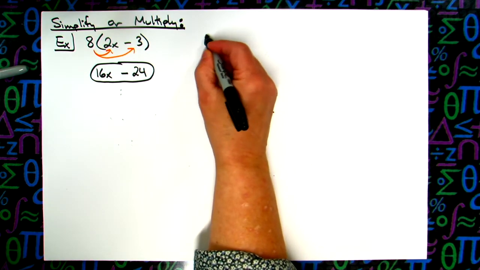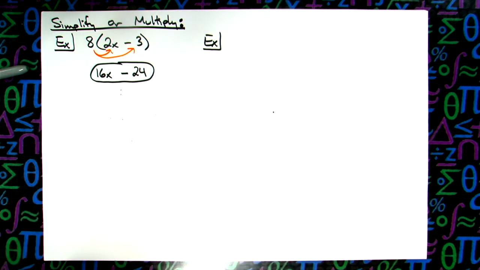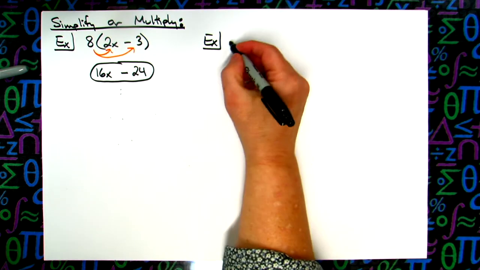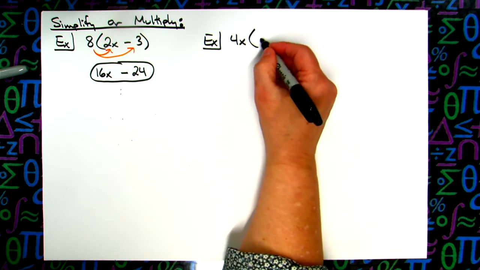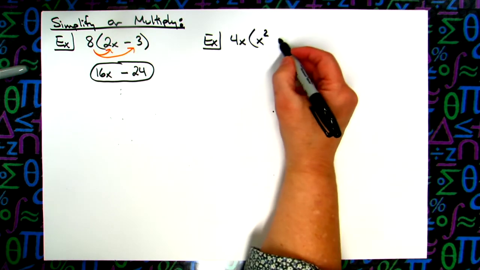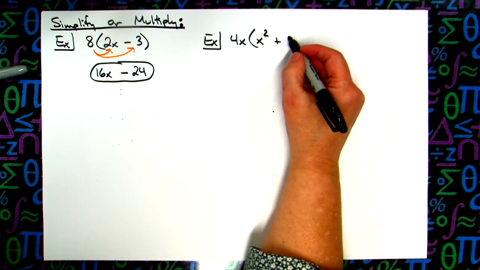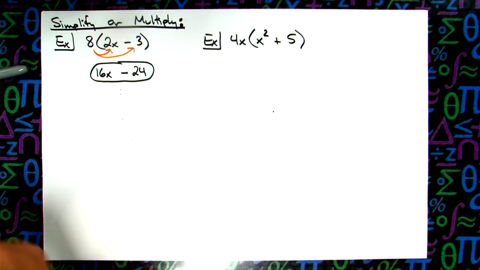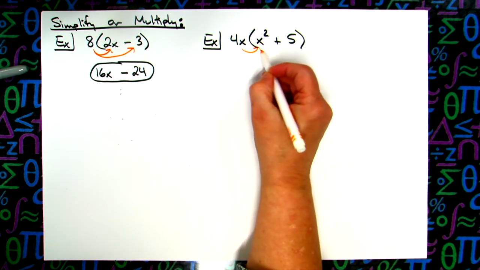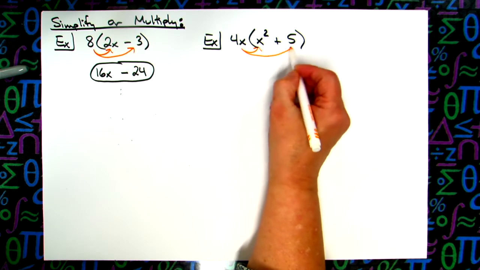Okay, now, since we have just gone through the chapter where we learned laws of exponents, I can now say maybe a 4x on the outside and an x to the second plus maybe a 5 on the inside. And then we can use our laws of exponents. It's still distributive property. I'm going to take the 4x times the first term. I'm going to take the 4x times the second term.